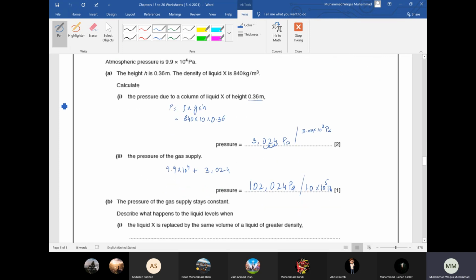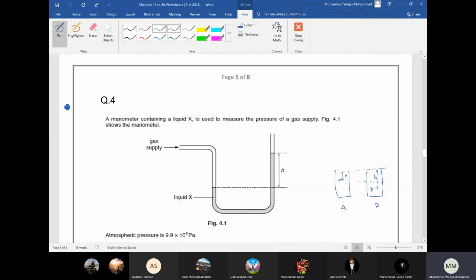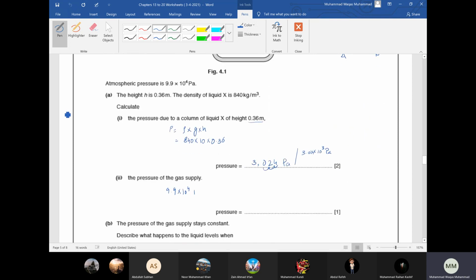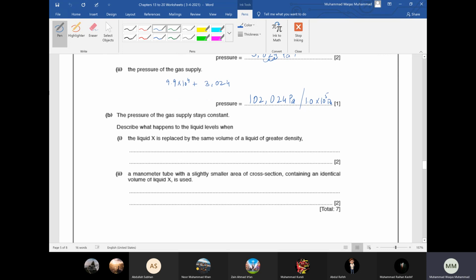Then we have to find the pressure of the gas supply. The pressure of the gas supply is atmospheric pressure plus the pressure due to the column of the liquid, right? So we added the liquid pressure and the atmospheric pressure, and we calculated the gas pressure, right, beta?